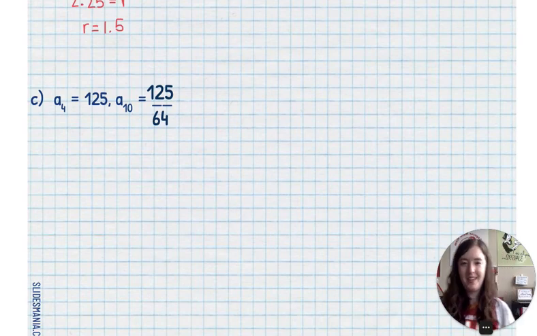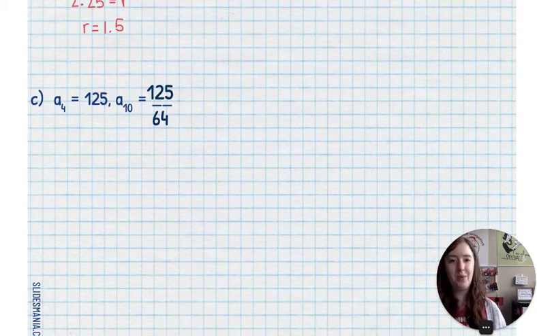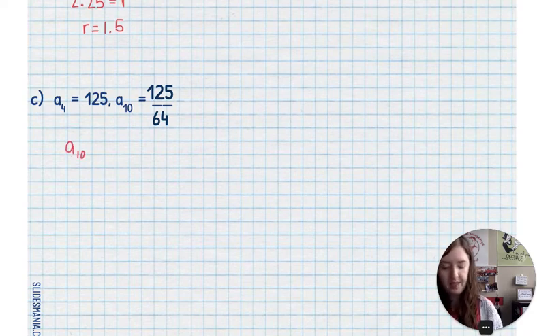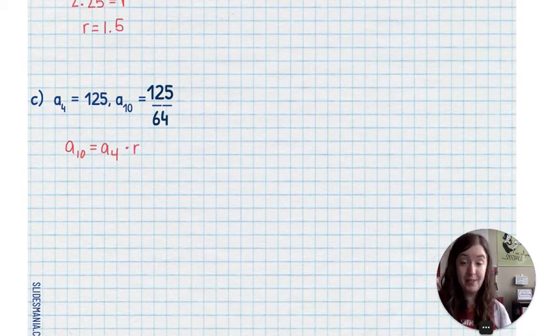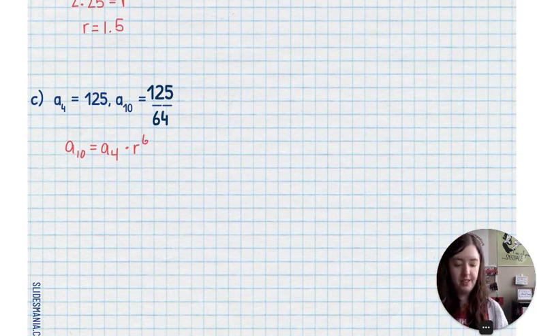This next one. My fourth term is 125. My 10th term is 125 over 64. So here's what we know. We know that my 10th term is equal to my fourth term times the common ratio happening 6 times, right? So instead of writing out times r 6 times, I'm just going to put it to the 6th power.